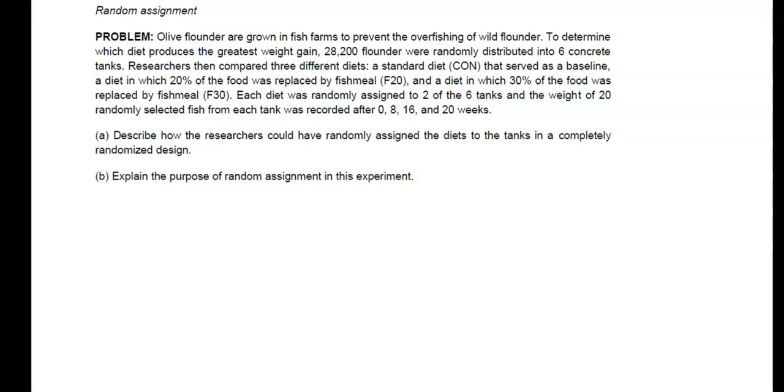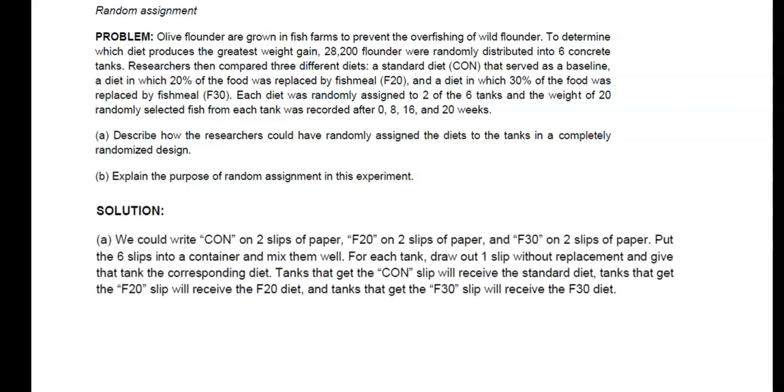Describe how the researchers could have randomly assigned the diets to the tanks in a completely randomized design. So some people draw a picture of this, some people just describe it. You could write CON on 2 slips of paper, F20 on 2 slips of paper, F30 on 2 slips of paper, put all the slips of paper into a hat, mix them well, shake the hat, and then for each tank, draw out 1 slip of paper without replacement and give that tank the corresponding diet.